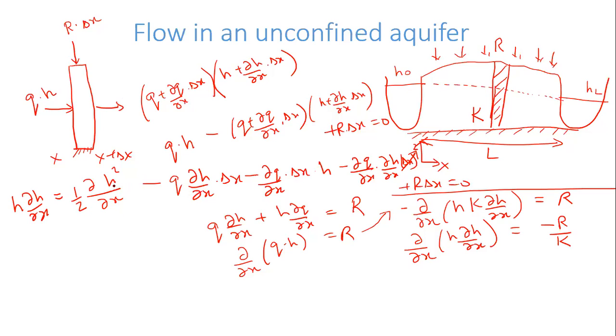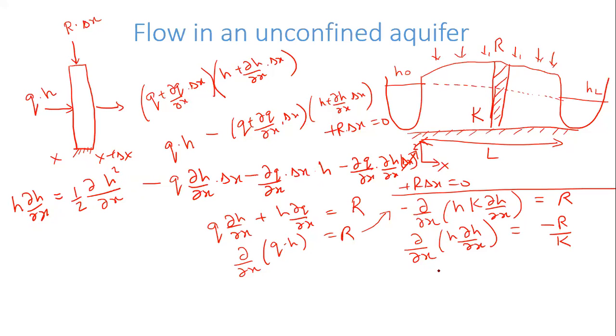What is ∂/∂x of h square? It will be 2h ∂h/∂x. But what I have here is only h ∂h/∂x, so I divide by 2. So then this will be ∂/∂x of half ∂h square by ∂x.